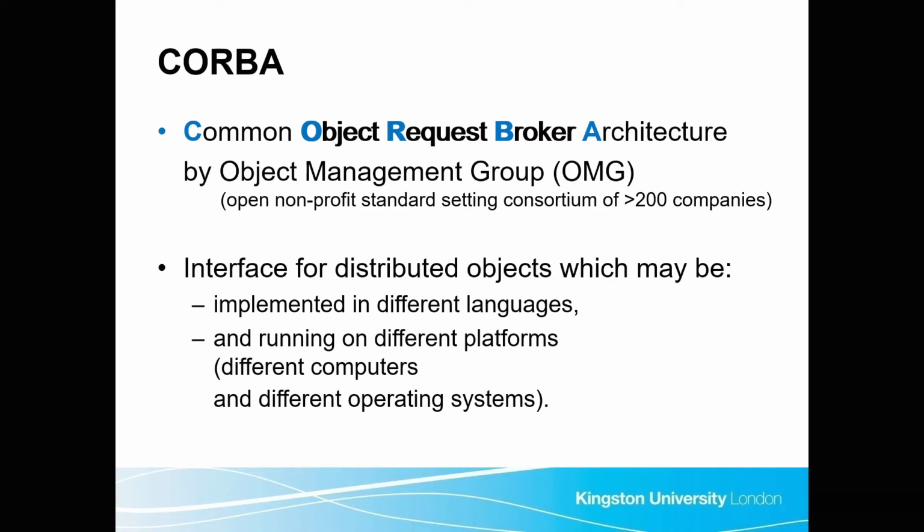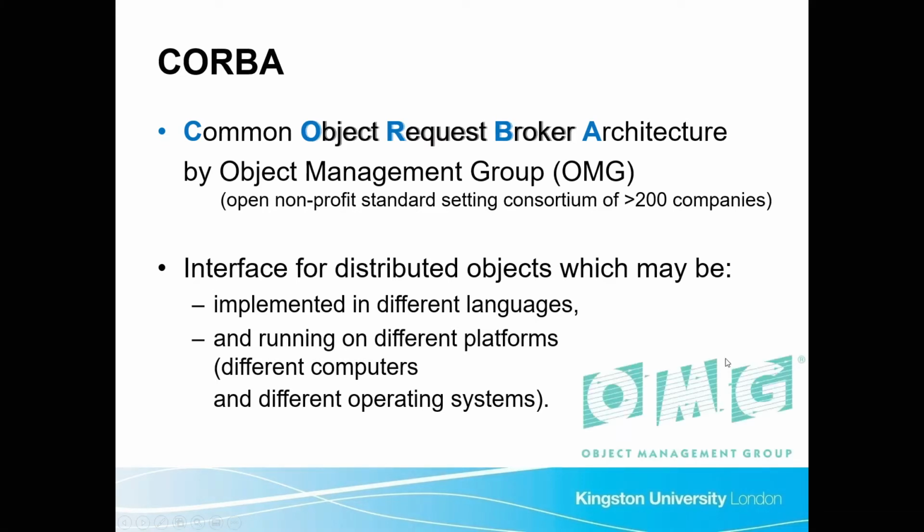CORBA is a standard introduced by OMG. That's another acronym that doesn't mean what you might think. It stands for Object Management Group, an open non-profit standard setting consortium that is grouping more than 200 companies.